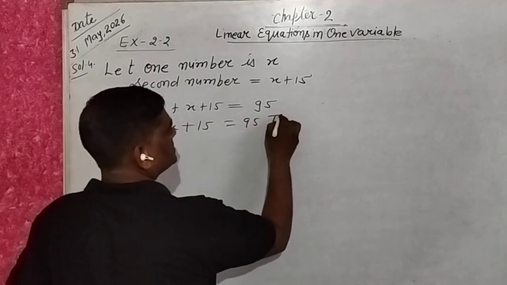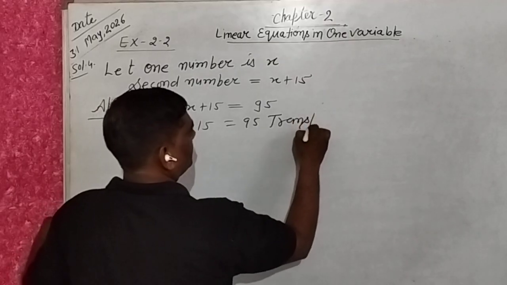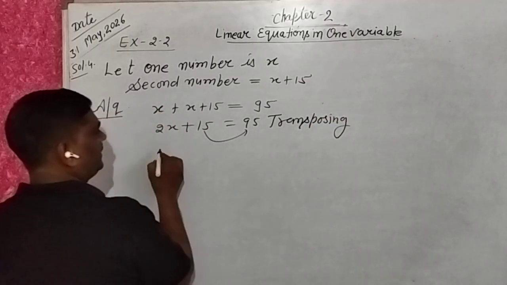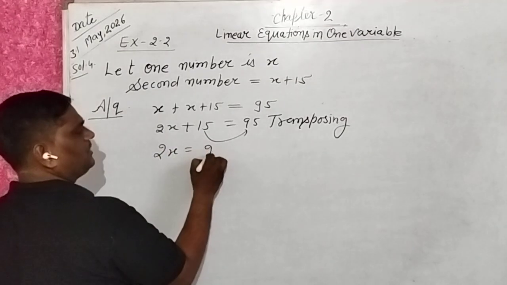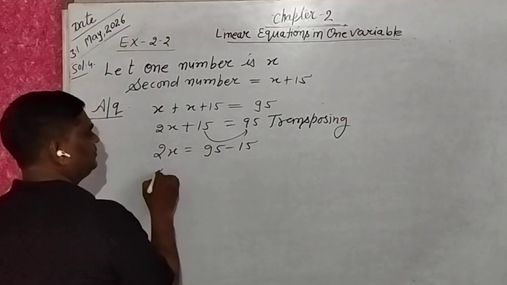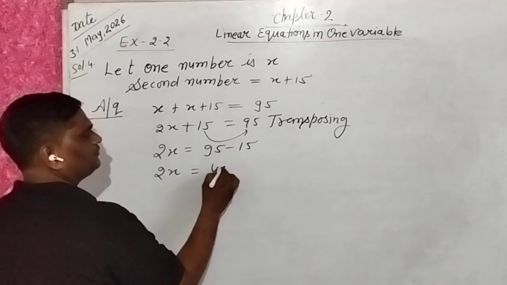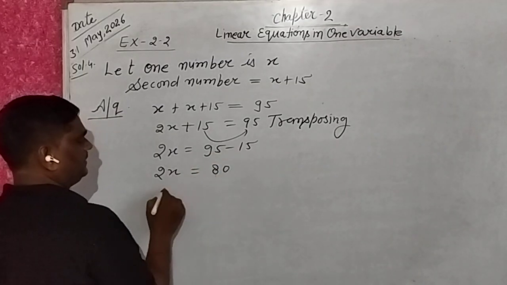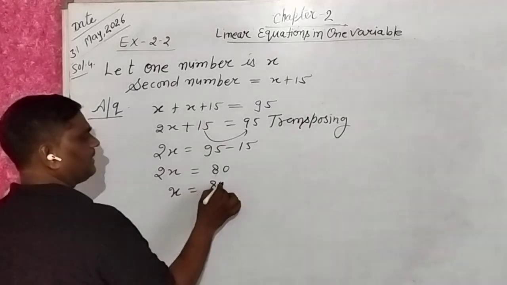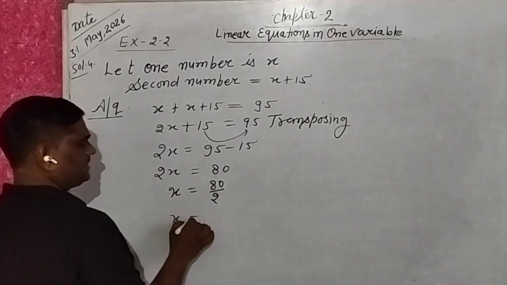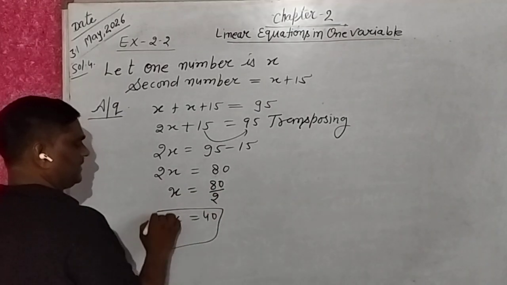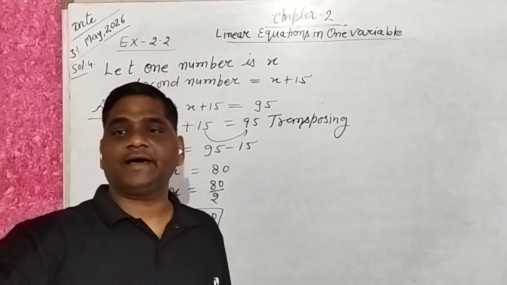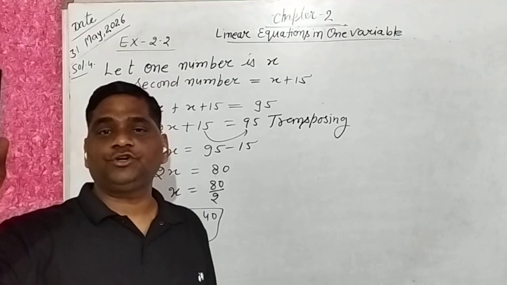Transposing 15, 2x is equal to 95 minus 15, so 2x is equal to 80. x is equal to 80 upon 2, x is equal to 40. Do you understand? The first marker costs 40 rupees.